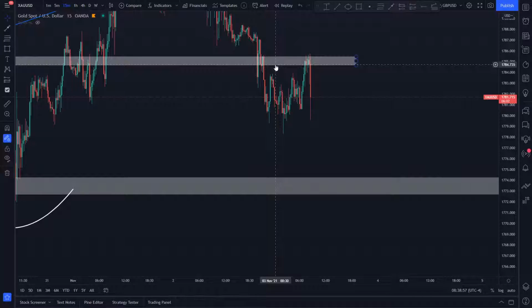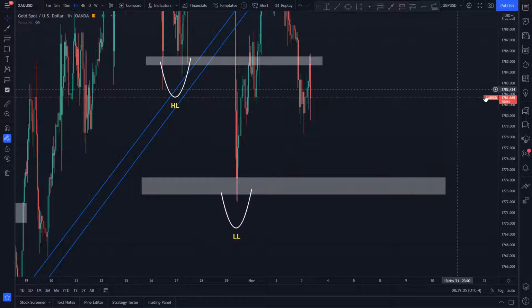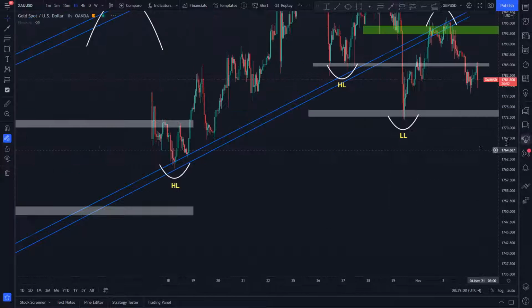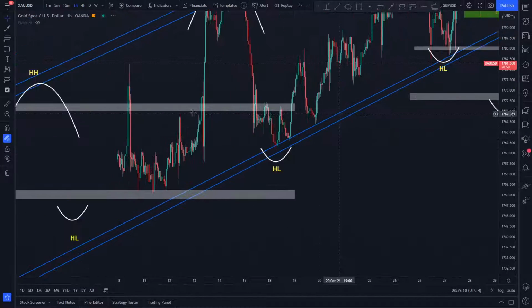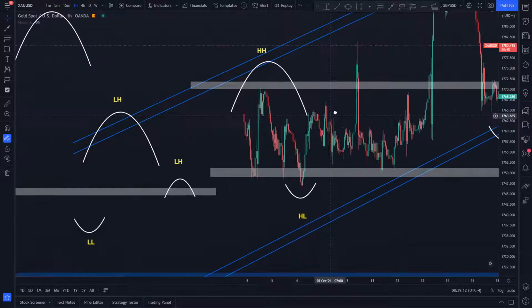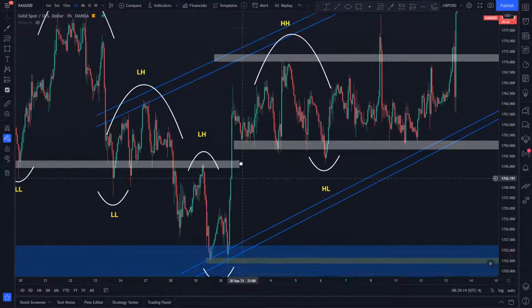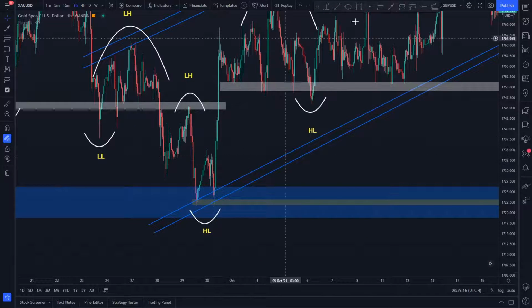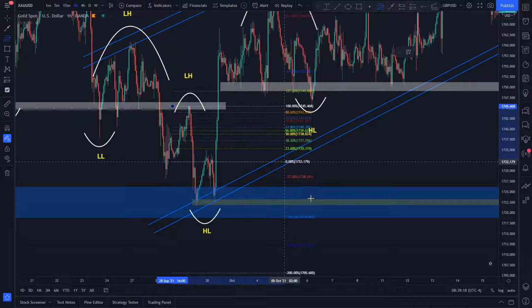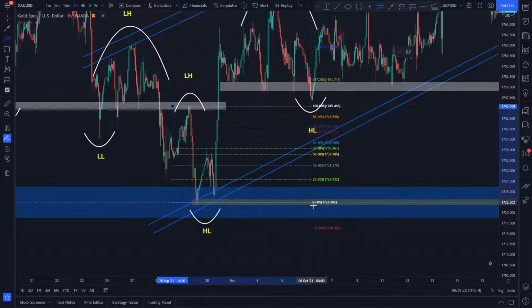Yeah, exactly. Once we break that, like I said before, remember the signs, our first sign with the higher high. Of course, we want to stop drawing fibs if we're going to the high low, to the low low.